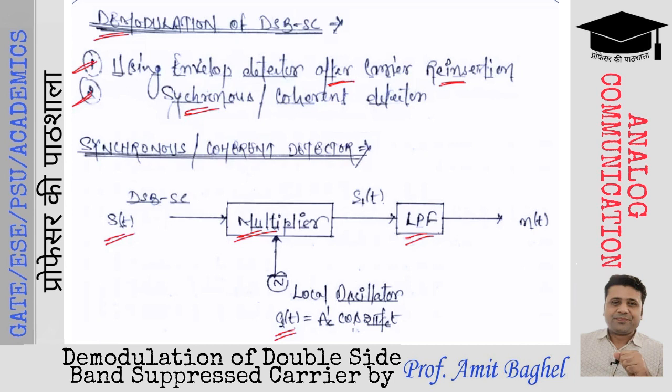So we are giving two inputs to the multiplier. One is the modulated waveform, which is DSBSC modulated. Another is the carrier signal, which is generated with the help of a local oscillator. Hence, it is called c_L(t).